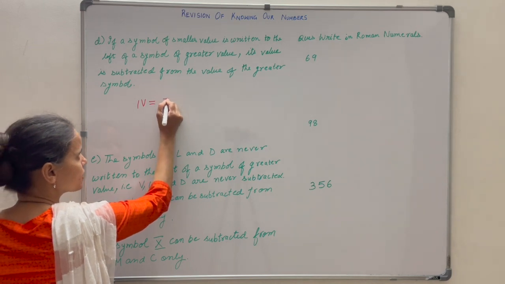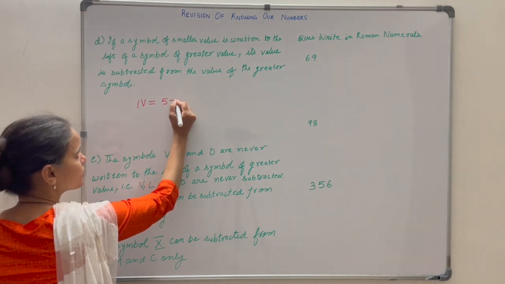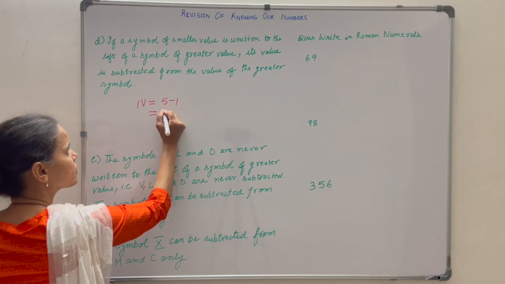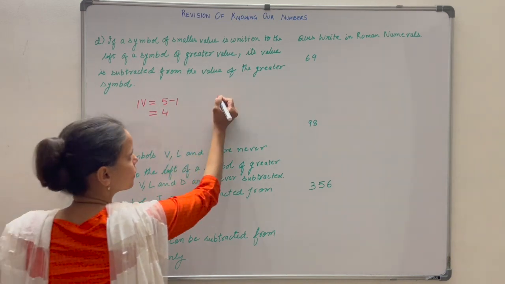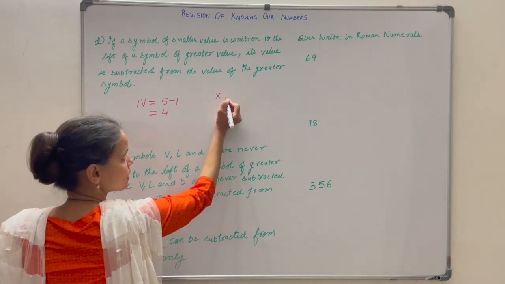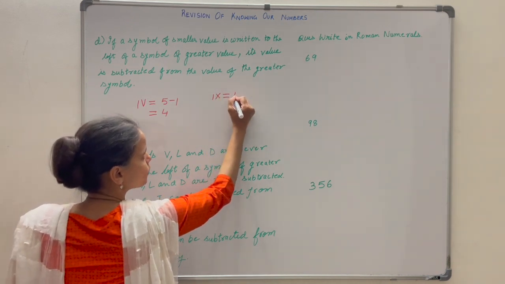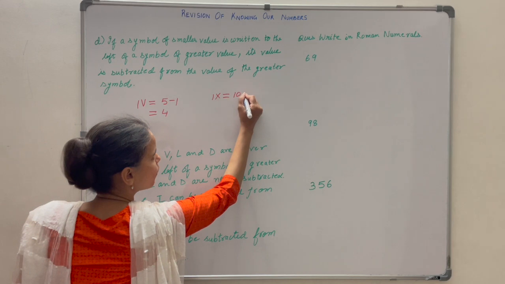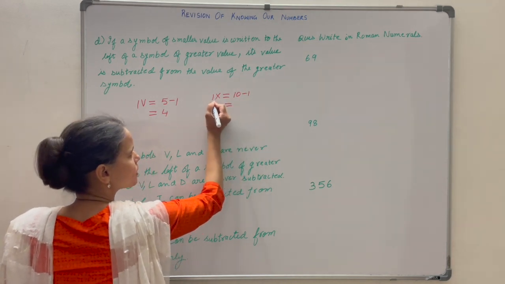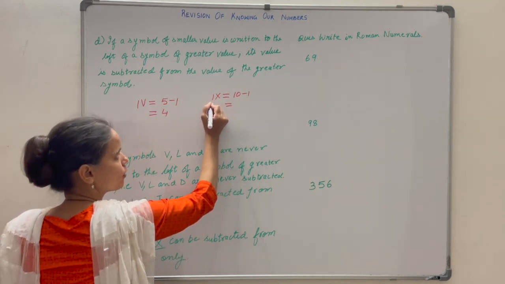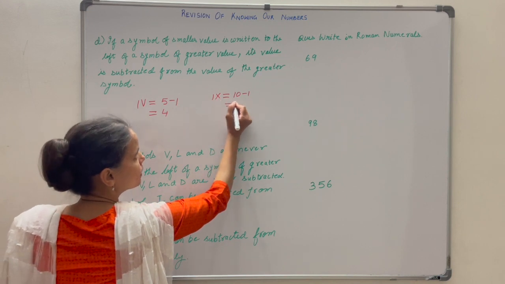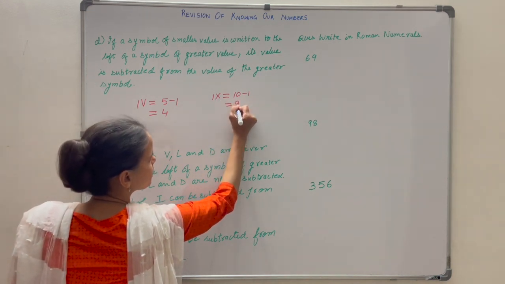So V represents 5, I represents 1. So 5 minus 1 equals to 4. This X represents 10, I represents 1. So you are going to subtract 1 from 10 because I is written to the left of the greater symbol. So this is 9.